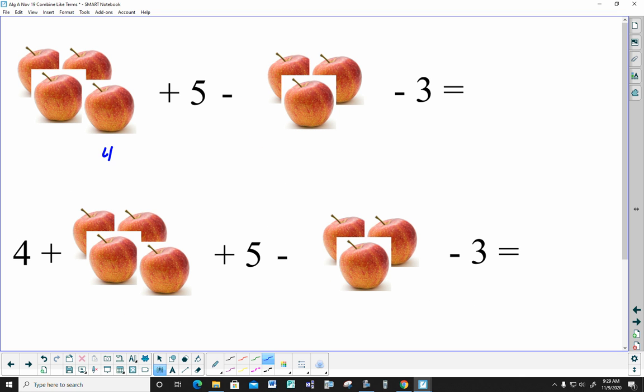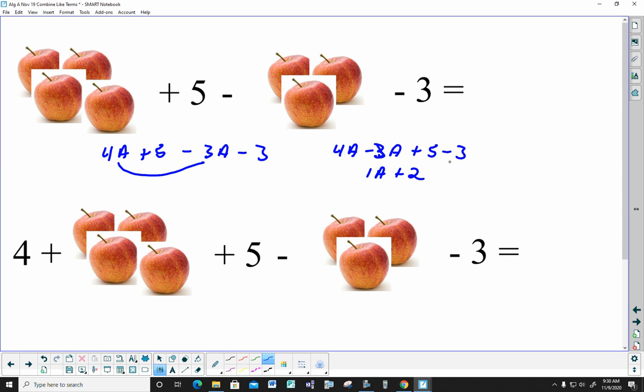So if I have 4a plus 5 minus 3a minus 3. When there's subtraction going on, you just deal with the signs for what is alike. This is the 4a minus 3a, and then you have plus 5 minus the 3. 4a minus 3a is 1a, and the 5 minus 3 is 2.